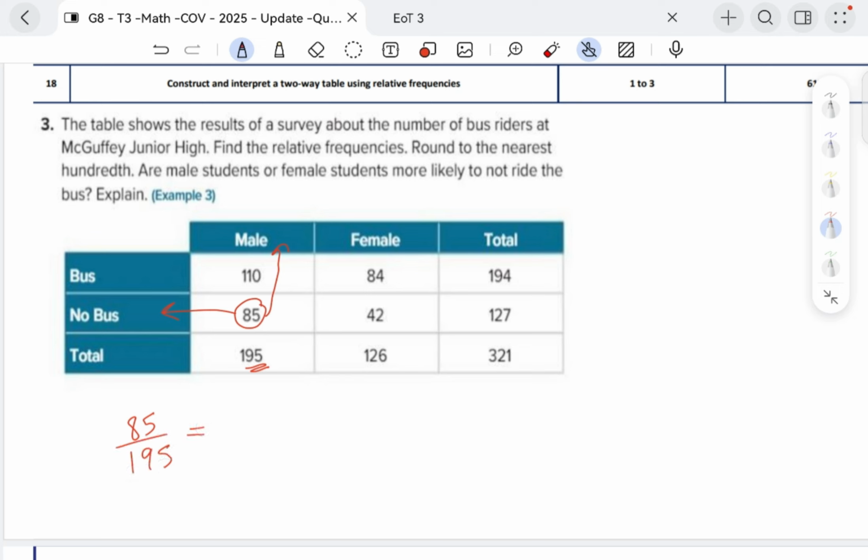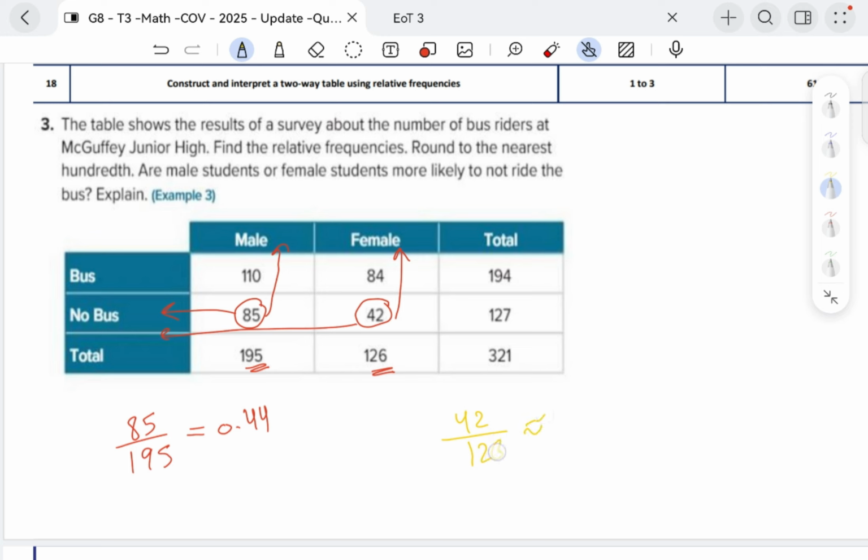And this is equal to 0.44. And the rate of female students who are not riding the bus, we have 42 out of 126. 42 female students are not riding the bus. 42 out of 126.